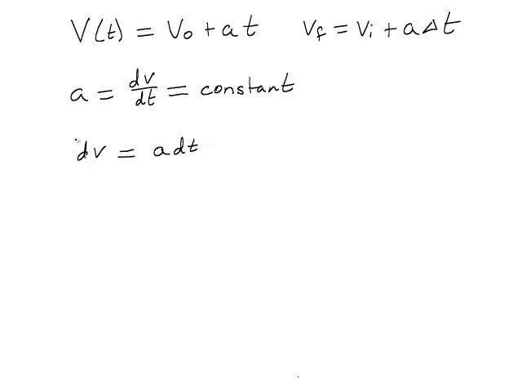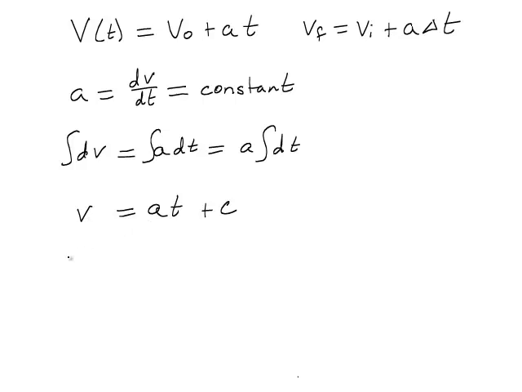Now I want to take the integral of both sides, and we remember that our acceleration is constant, so I can bring it out of my integral, and I'm just left with a dt. So if I take the integral of both sides, I have that my velocity is equal to my constant acceleration times time plus some constant c.